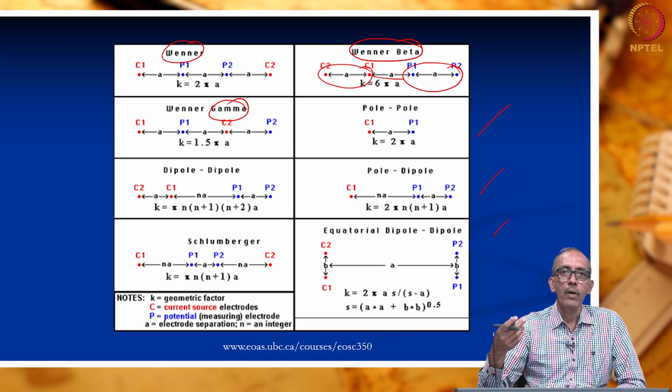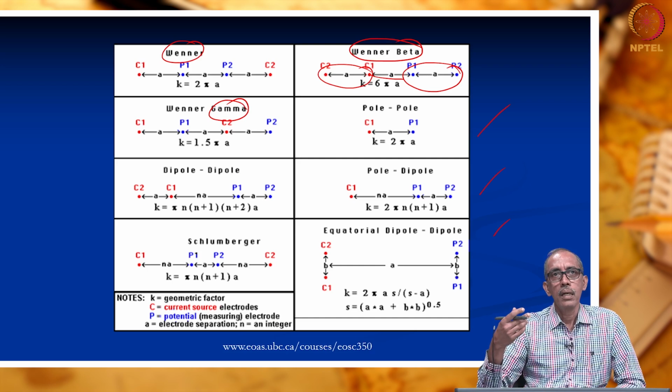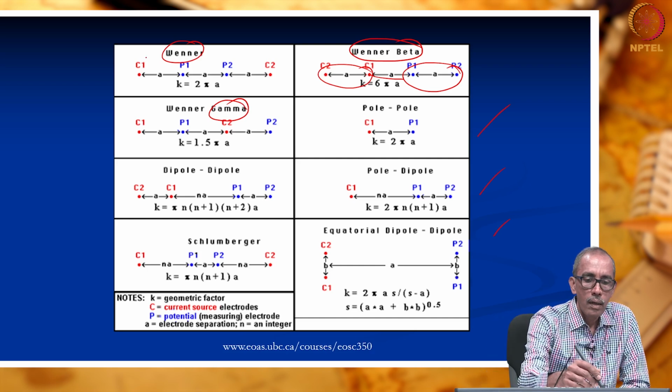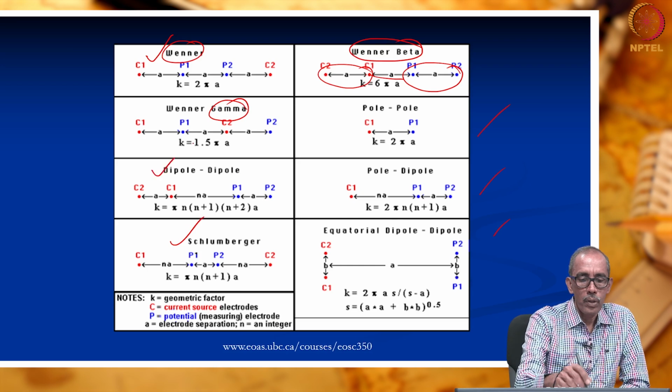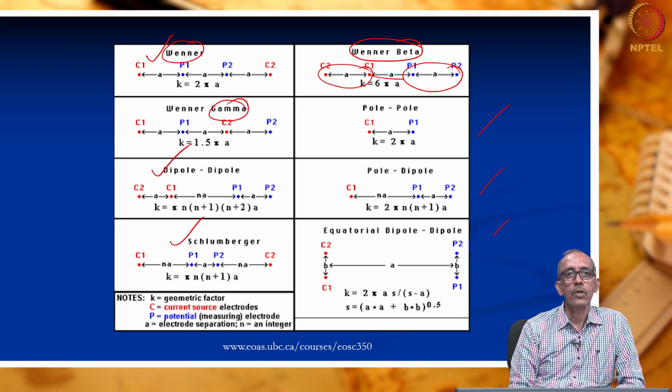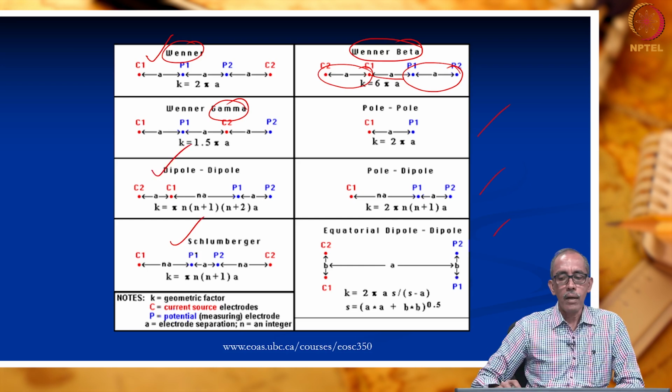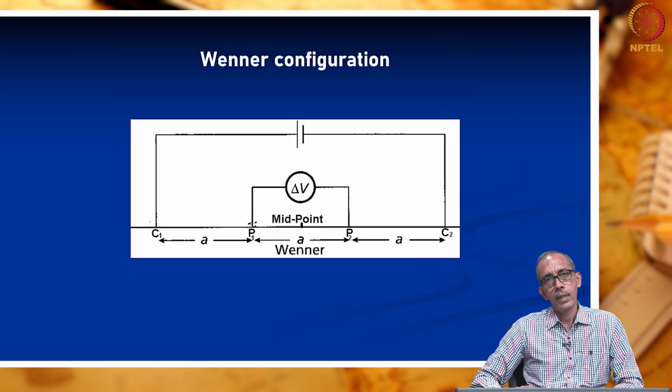However, though there are many electrode arrangement methods, most popular electrode arrangements which we discussed previously are Wenner, Schlumberger, and dipole-dipole. These are the three most popular methods of electrode arrangement.